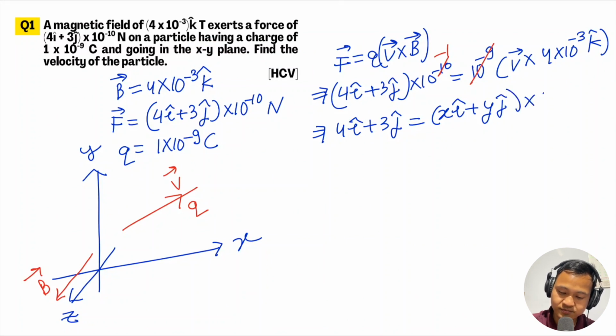So cross 4 into 10 power, which leaves minus 2 k cap.